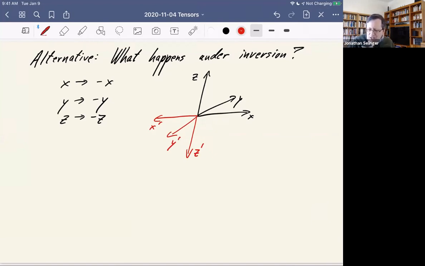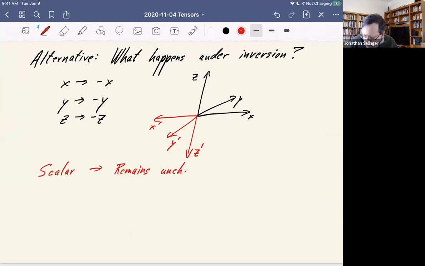So you could say, what happens to a scalar if you make this change of coordinates, right? And the answer is a scalar remains unchanged because it's a scalar. It remains unchanged.